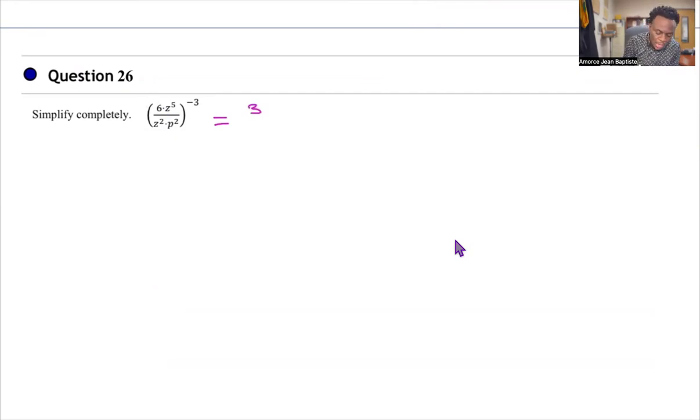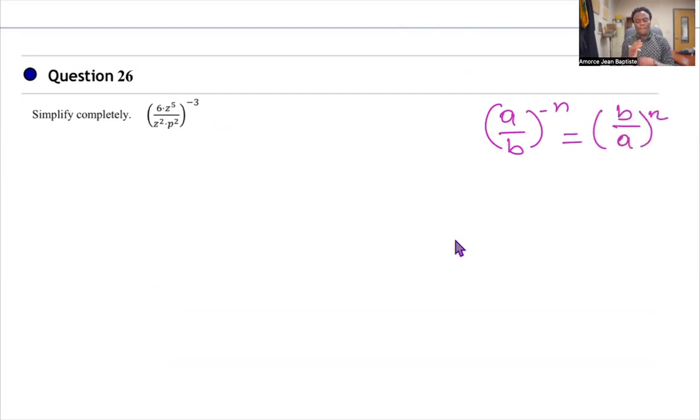Instead of that, I will prefer showing you something that makes it go quicker. If I have a over b exponent negative n, it's the same as b over a exponent n. You flip the fraction. So we're going to do that instead. That would make life easier.